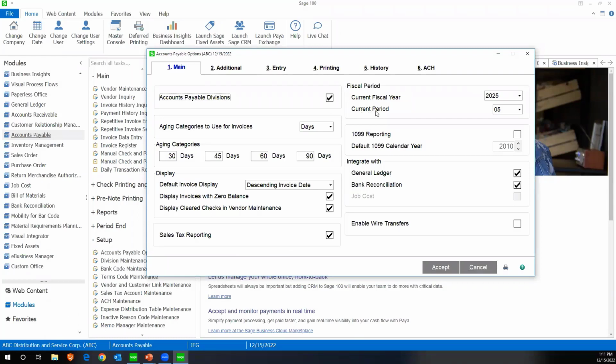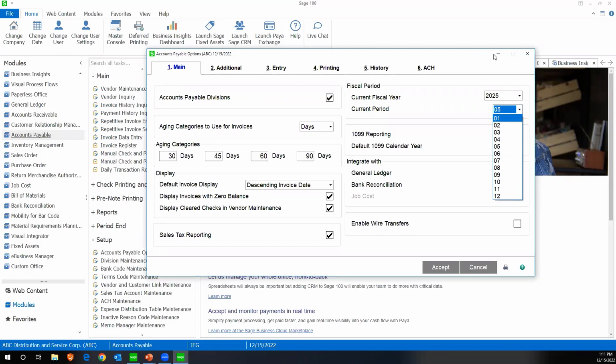So it goes out here and looks at what the current period is you're sitting in. If you're sitting in periods 1 through 11 in this case, the system knows to perform a period end close, not a year end close. If you are sitting in the last period of a year, the system knows to perform a year end processing as opposed to a period end processing.